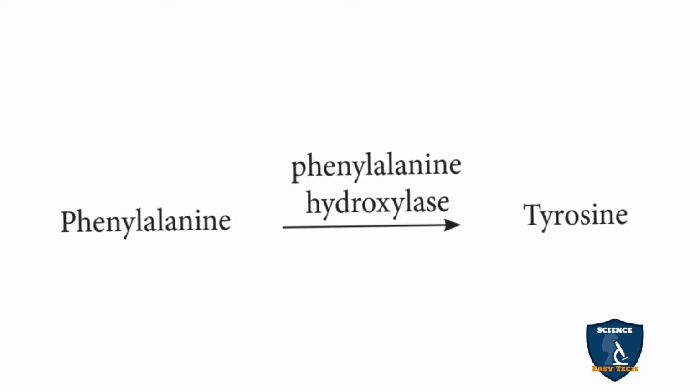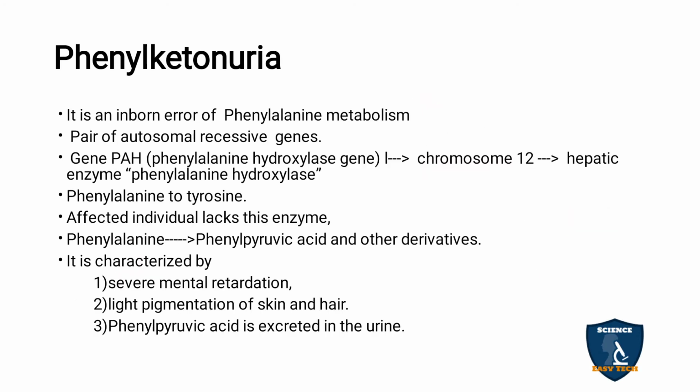In a normal person, phenylalanine is converted to tyrosine with the help of the enzyme phenylalanine hydroxylase. This is the normal procedure. But the phenylketonuria-affected person doesn't have this enzyme.